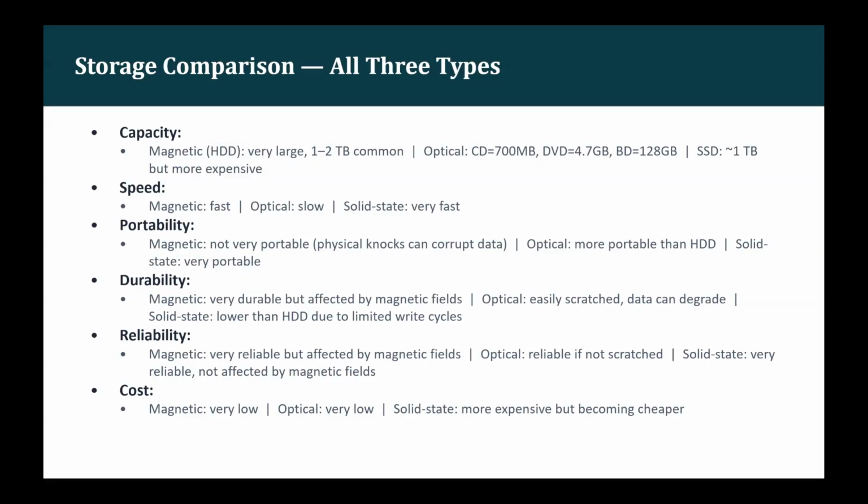CDs have 700 MB, DVD 4.7 GB, and Blu-ray disc up to 128 GB, and SSDs could have 1 terabyte. Speed wise, solid state is the very fast one, optical can be slow, and magnetic ones can be fast. Portability wise, magnetic is not very portable because they have moving parts.